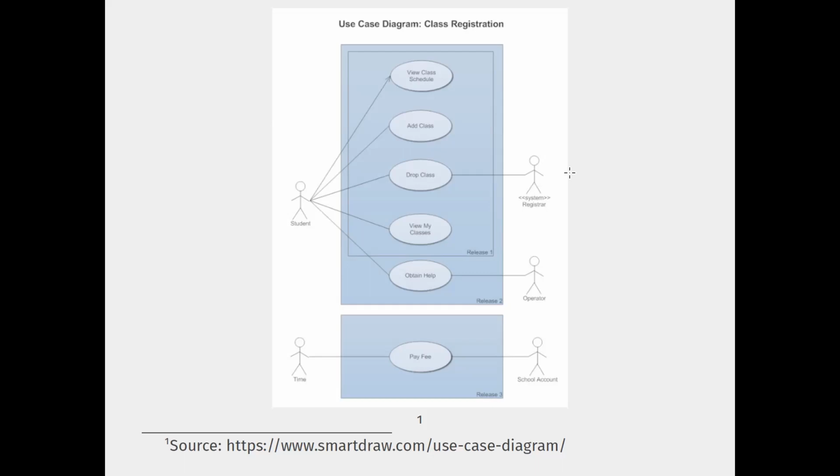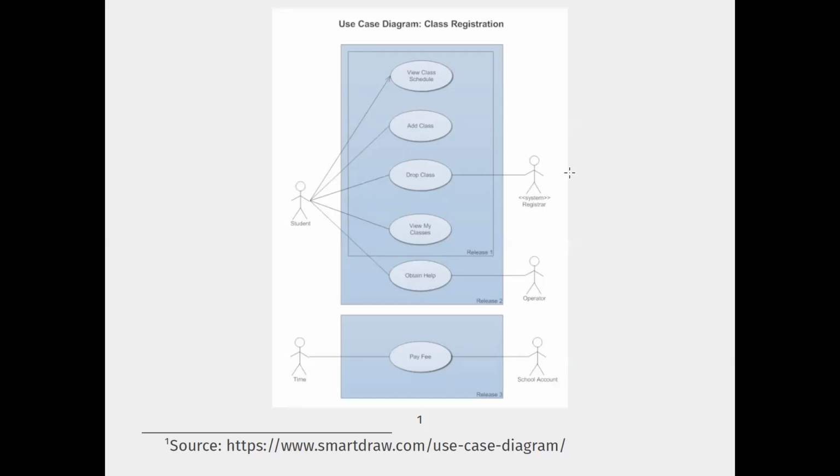And then in release 2, you extend to get help, obtain help. So that's the use case. And for that, we have another staff member joining, the operator. So you can notice here that you can clearly see different requirements and hierarchies. The third one is a separate one. We have created between 2 actors, time and school account.